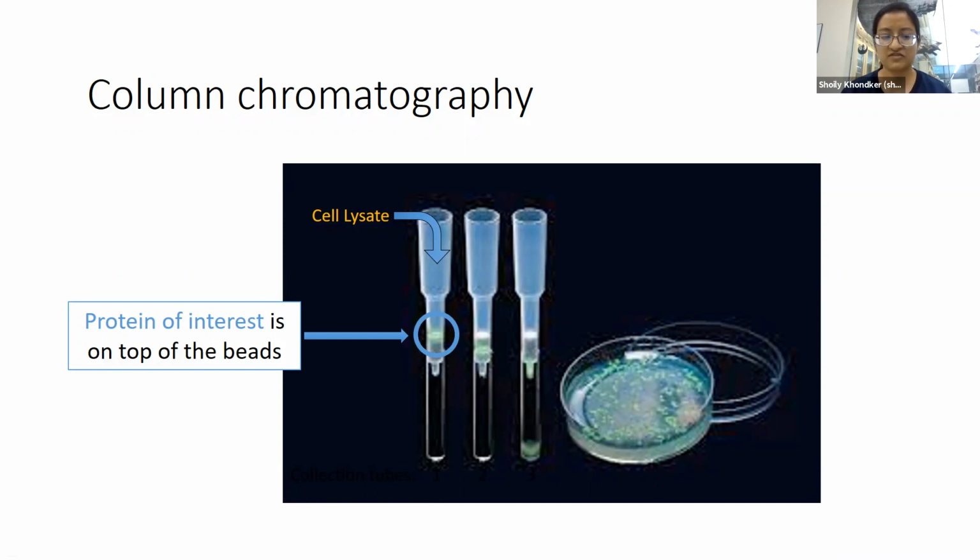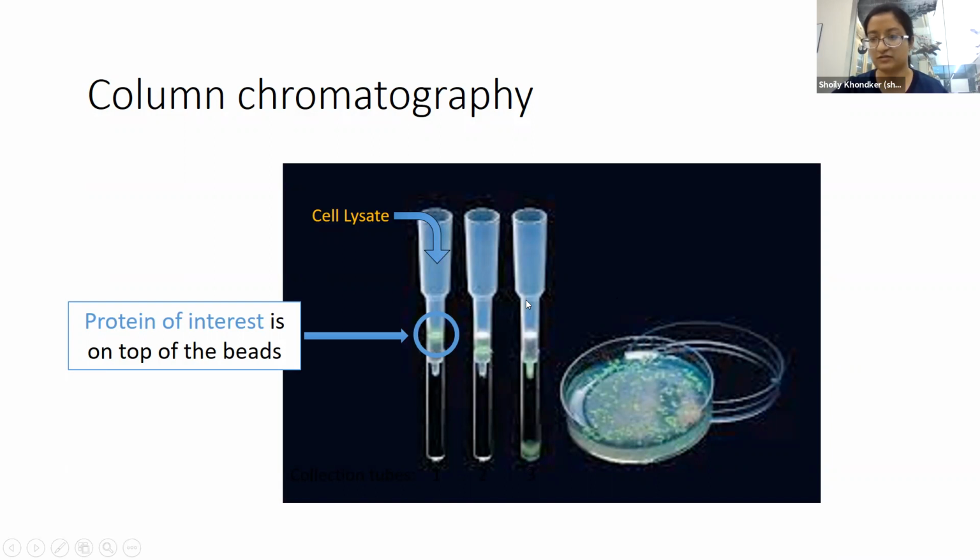They're a type of gel, and they're usually conjugated to either an antibody that's specific for your protein of interest, or some other feature of the protein is going to give it some kind of affinity to these beads.